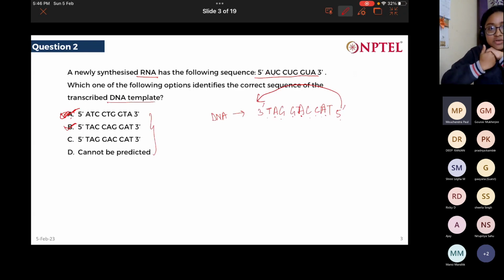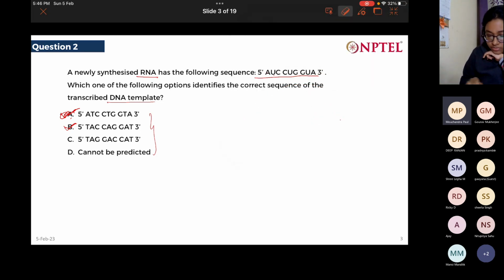Now for this question, for those who have missed it, I will erase the answer so that you guys can work it out. A newly synthesized RNA has the following sequence. The sequence is given here.